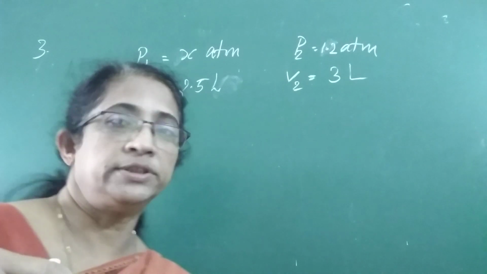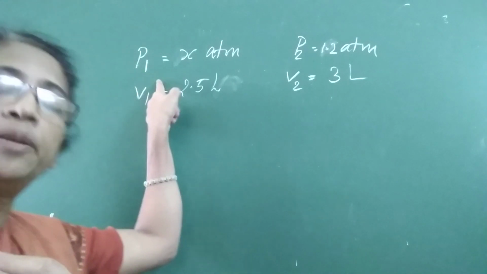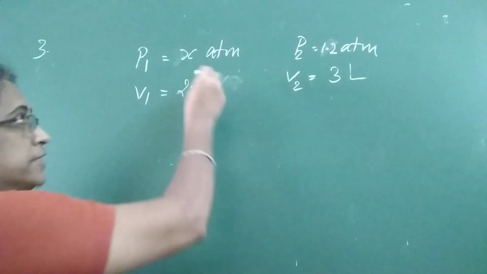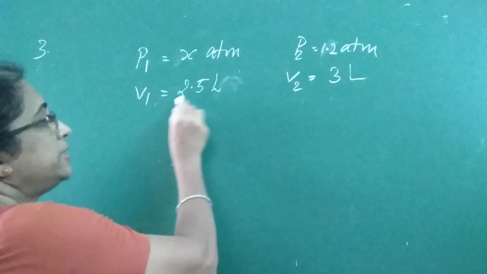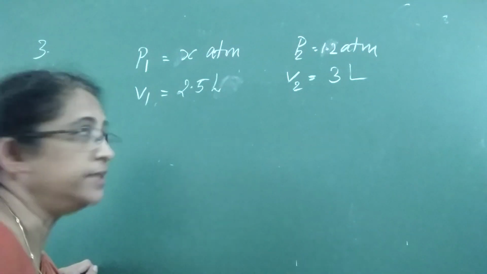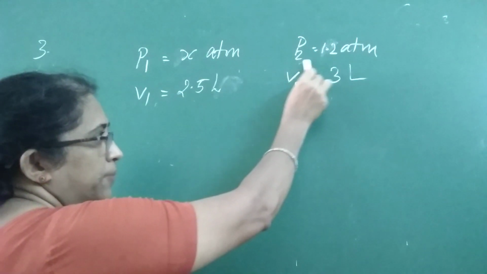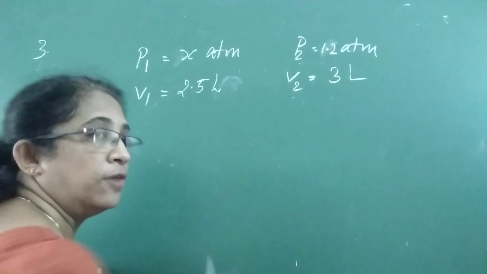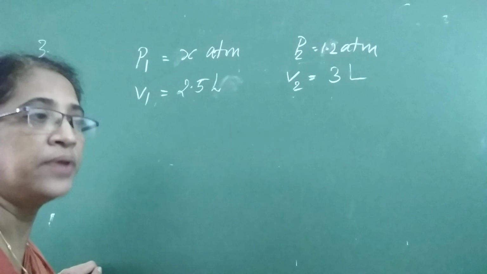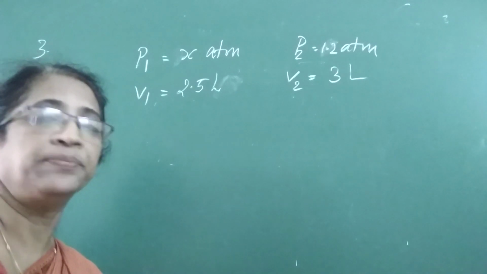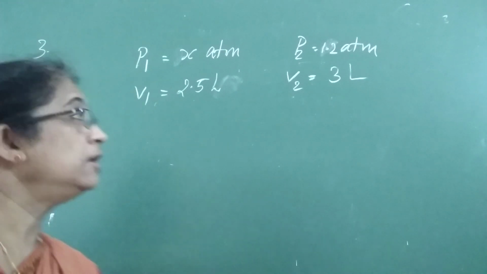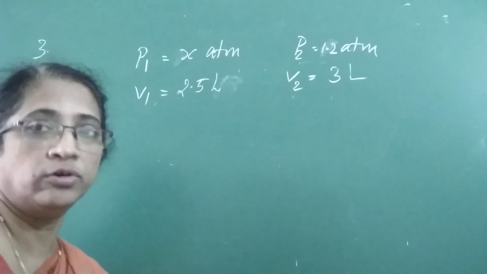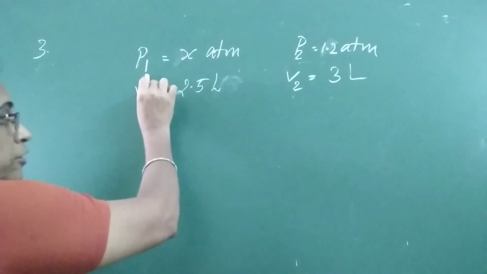In the given question, the initial pressure P1 is unknown. P1 is X atmosphere and it occupies a volume of 2.5 liters. The final pressure P2 is 1.2 atmosphere and the final volume of the gas is 3 liters at a constant temperature. So at a constant temperature, we can use Boyle's law to calculate the unknown pressure.